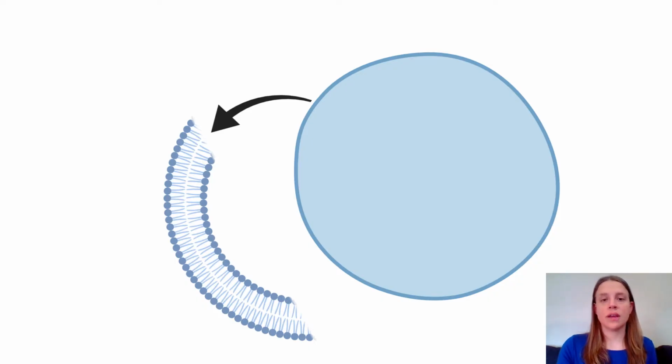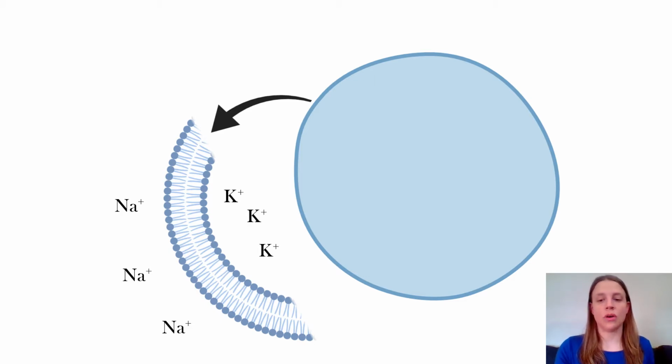To understand how action potential works, the first thing you have to remember is that on the outside of the cell there are higher concentrations of sodium, and on the inside of the cell there are higher concentrations of potassium.